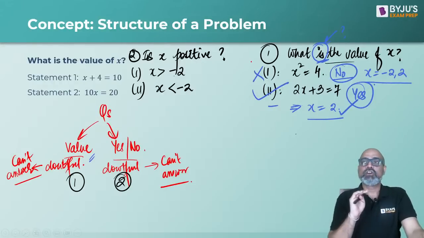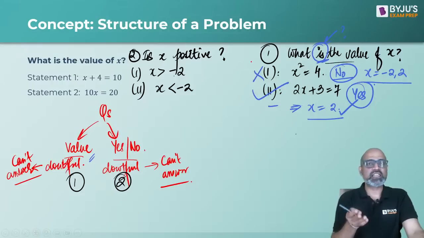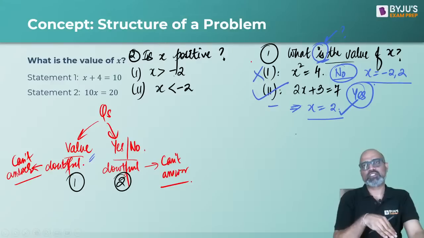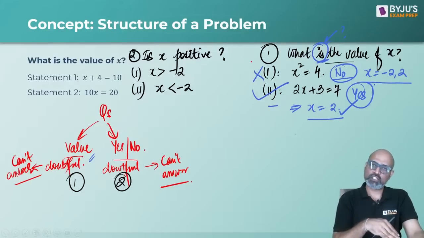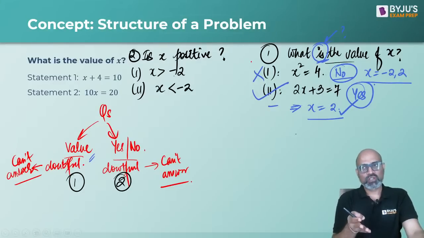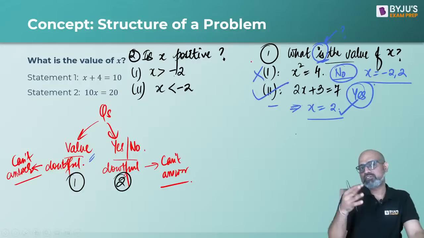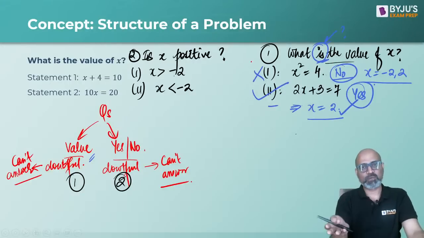Right? So the kind of values I am getting, if somebody asks me, is X positive? If I am thinking of X as -1.9, -1, -0.5, 0, then I will say no, it's not positive. But when I'm thinking about the values 1, 2, 5, 100, 1000, I'll be like, yes, it is positive.